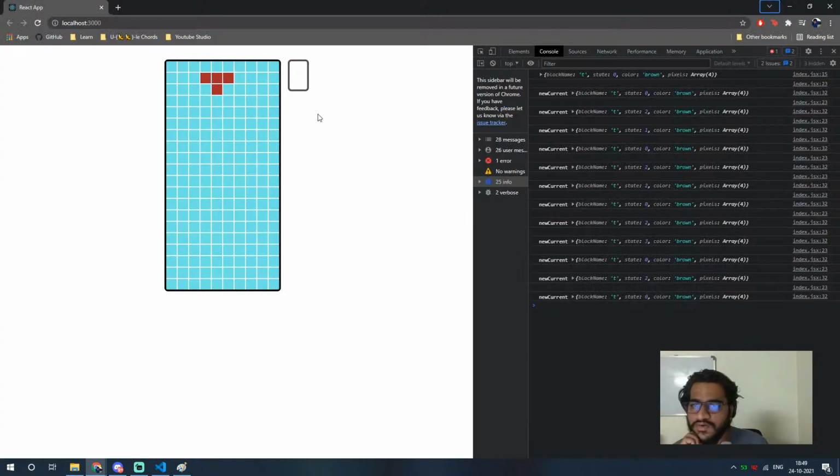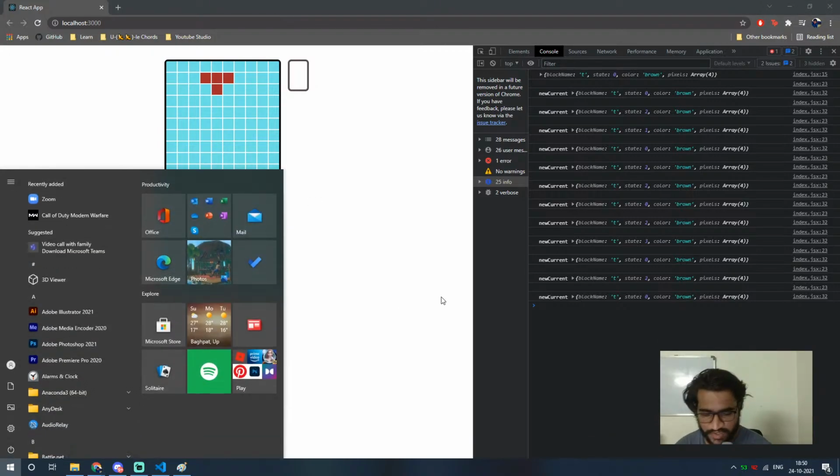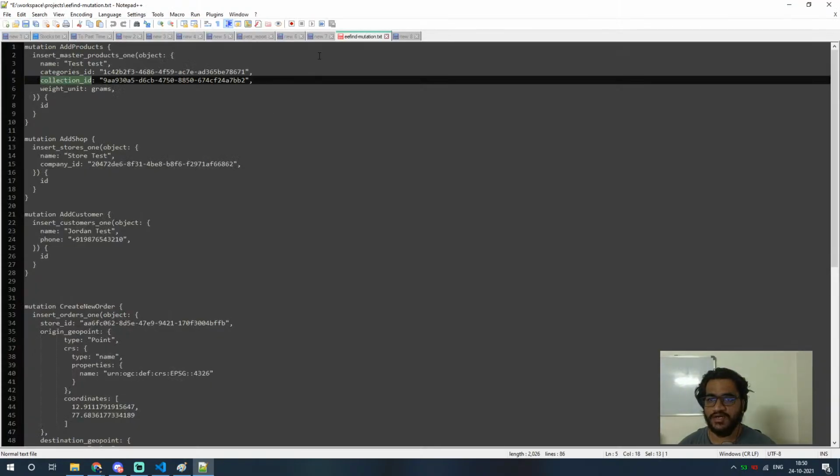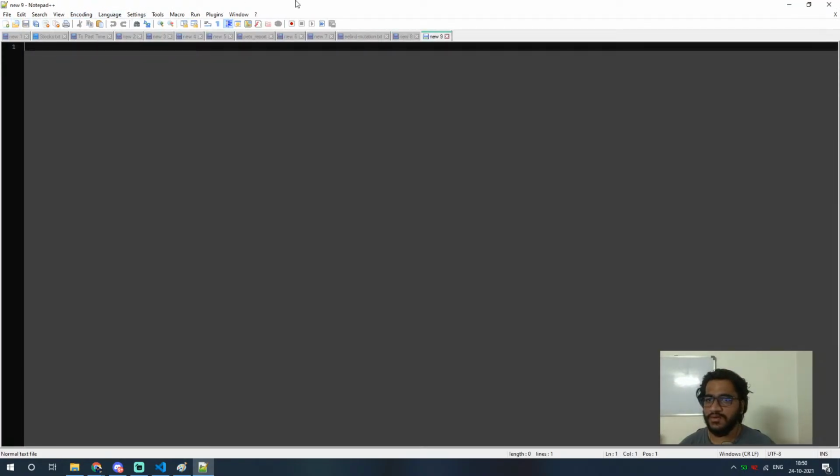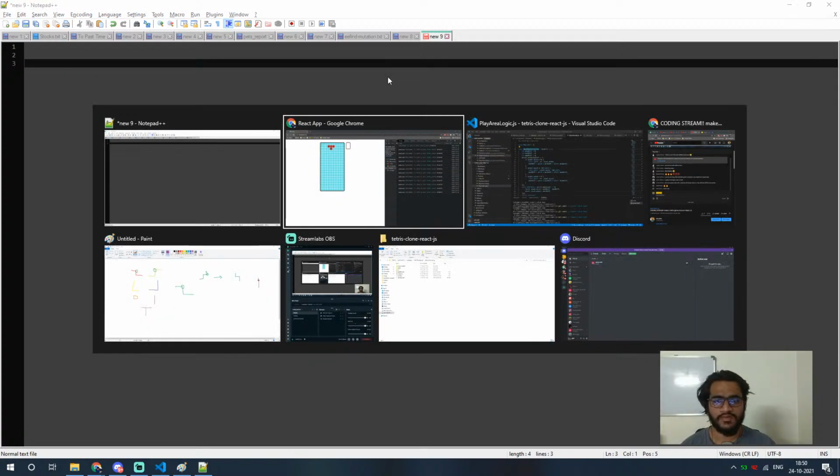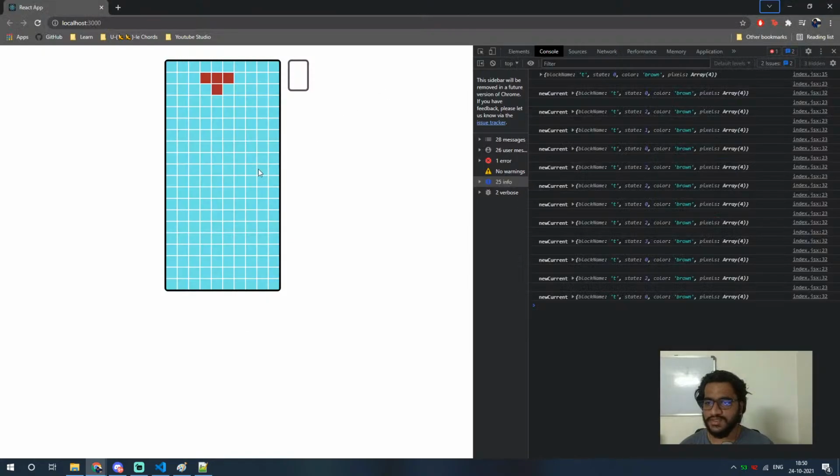Okay, so we are done with rotation and now we want to work on the whole. There are multiple aspects that we still have not figured out. What we need to work on right now is, first of all, how we are going to store the values of the blocks that are accumulated right here.